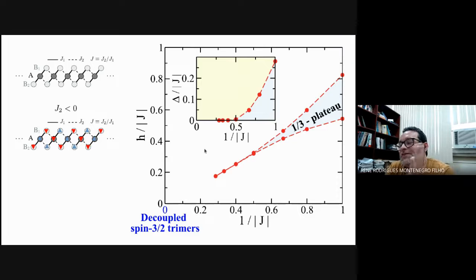The first thing that we should do is to rescale the quantities to investigate this closing, because if we go to lower values of J2, lower than 1, the more important coupling becomes J2, not J1 anymore.